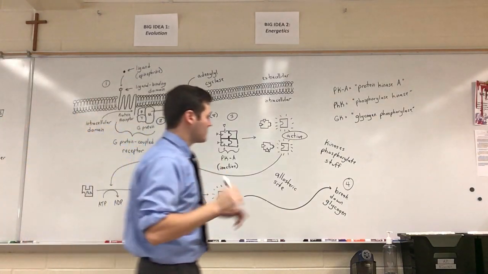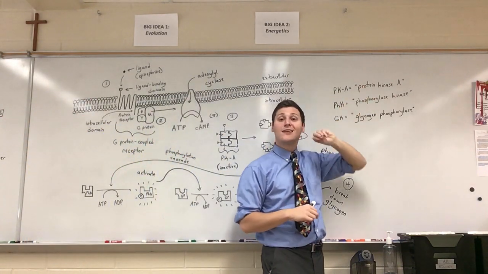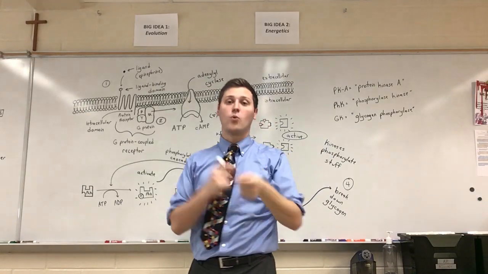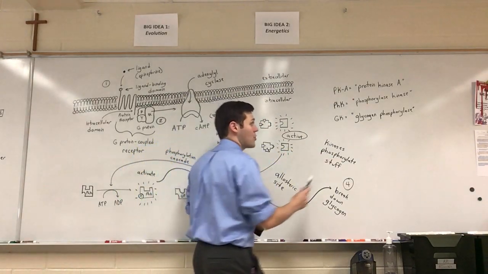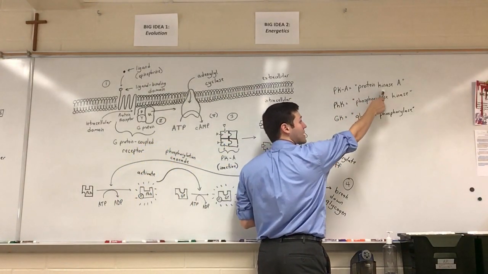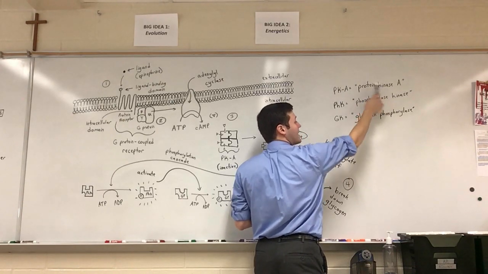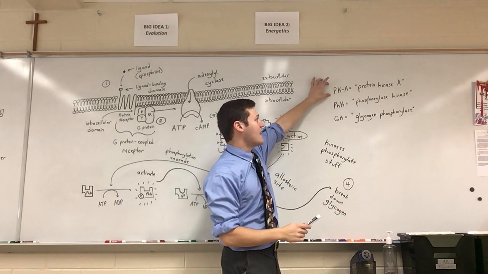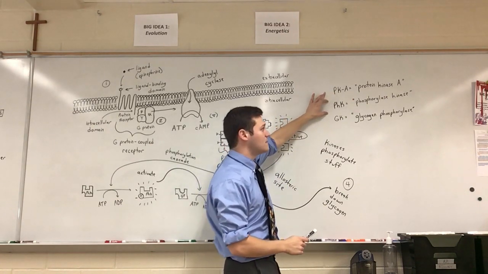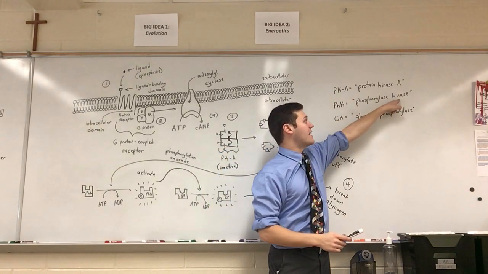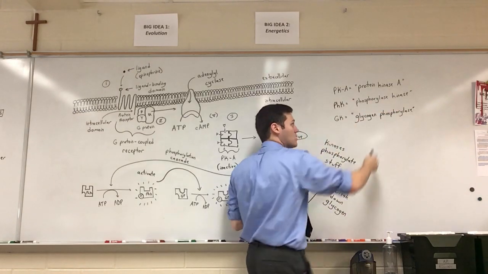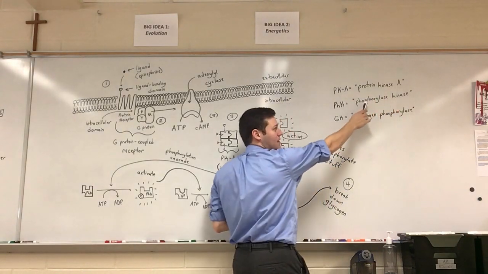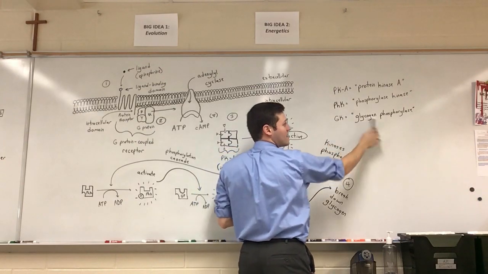Oh, last thing. In terms of understanding the naming scheme, this will help you remember what certain enzymes do. So kinases, as we say, phosphorylate stuff. A protein kinase will phosphorylate a protein. So protein kinase A phosphorylates this protein, and phosphorylase kinase, a different enzyme, will phosphorylate a phosphorylase, which in this case is glycogen phosphorylase.